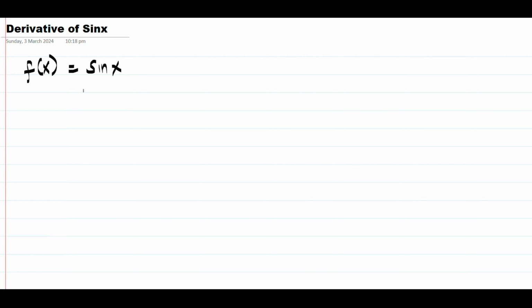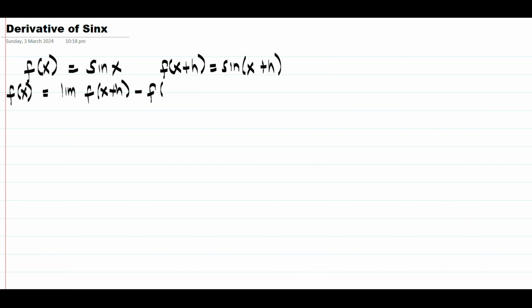Since we have f of x, which is sine x, let us have here f of x plus h, and that is sine of x plus h. So this will give us f prime of x equals the limit of f of x plus h minus f of x, all over h as h approaches 0.